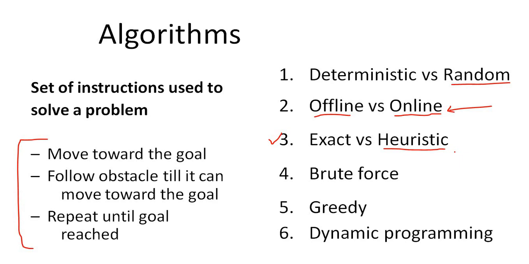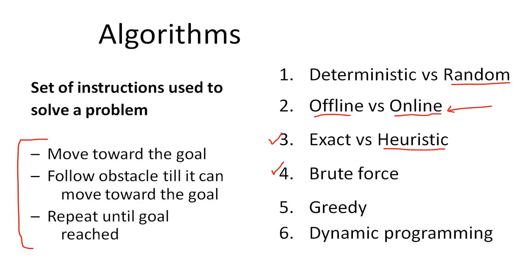The advantage of these heuristic algorithms is that they are faster as compared to exact algorithms. So exact algorithms give the best solution, but they are slow. Heuristic algorithms are faster, but they don't guarantee the best solution.